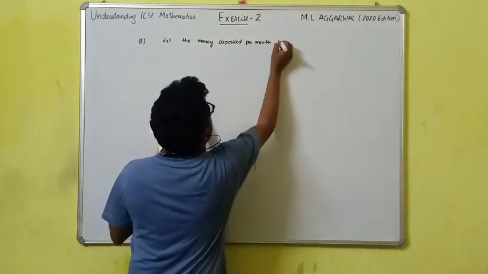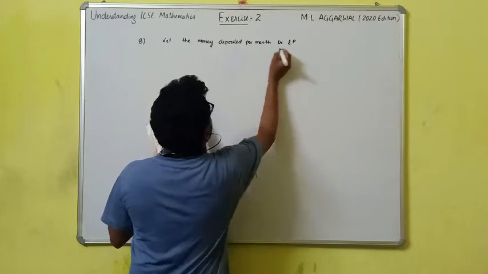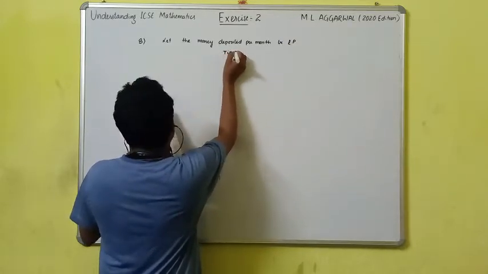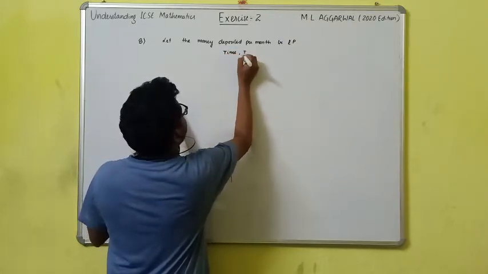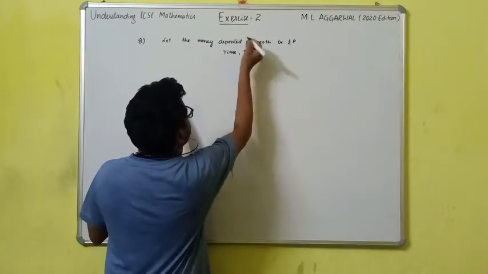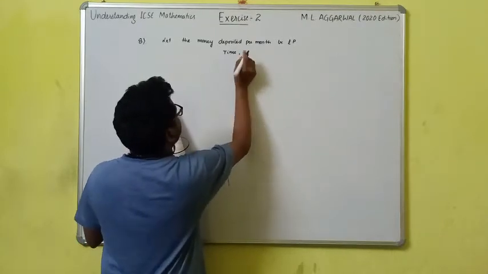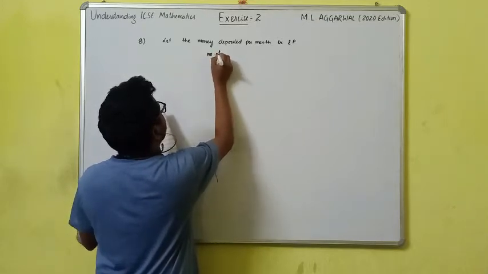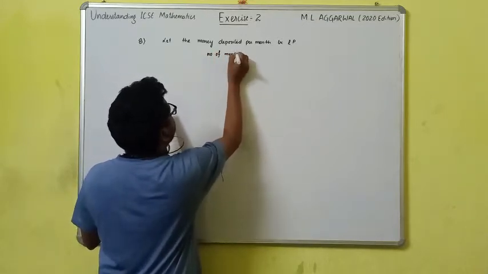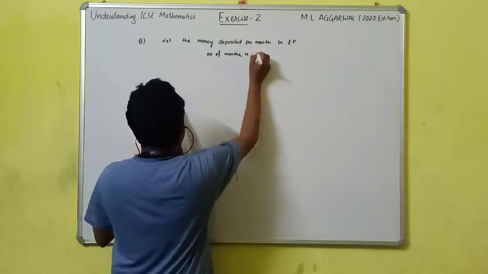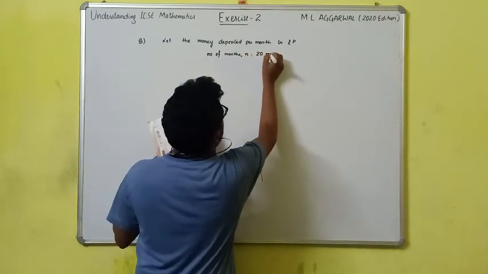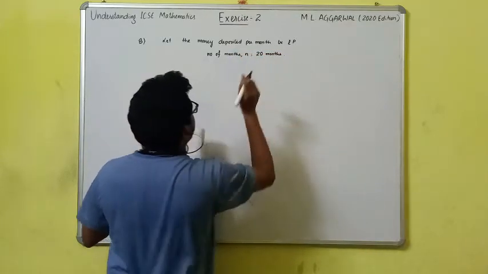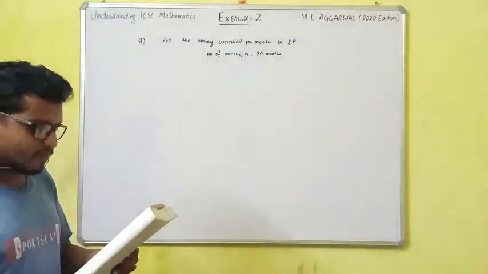be rupees P. Then the number of months, n, is equal to 20 months.